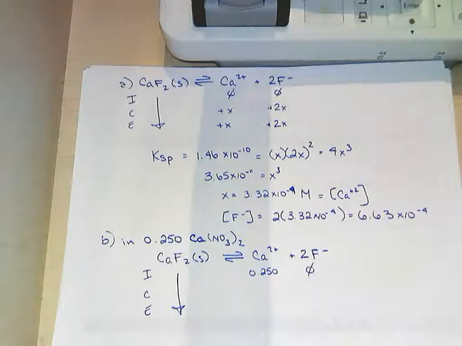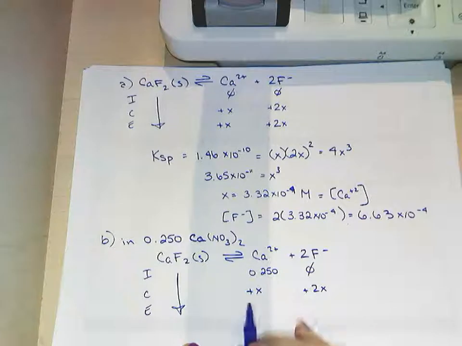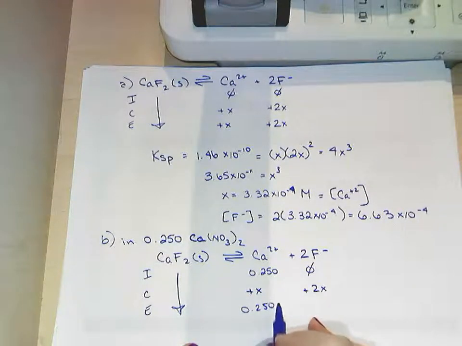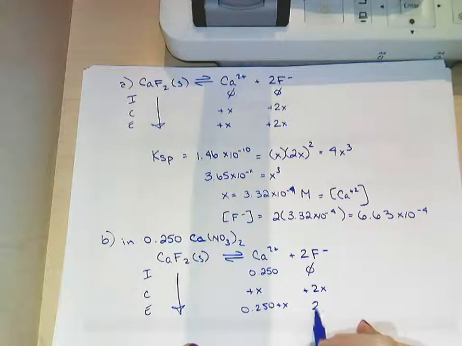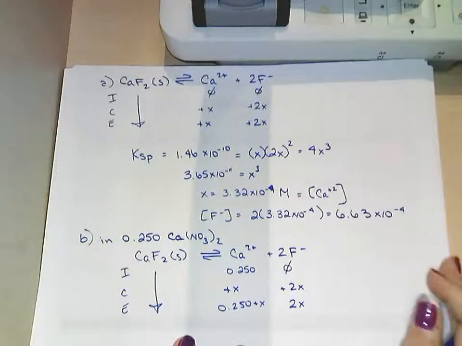All right, so now I have a concentration of 0.250 of the calciums in solution. And I still have 0 initially of the fluoride. So I'm doing the second step and the third step of the ICE table. Ran out of space, so I'm going right over here on the side.